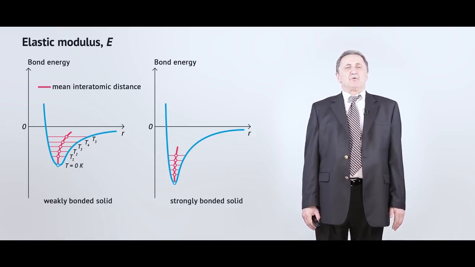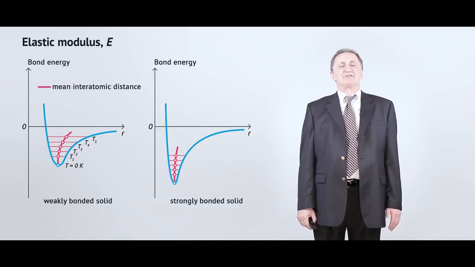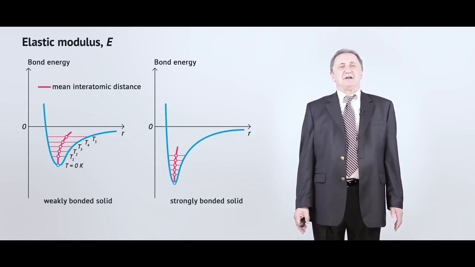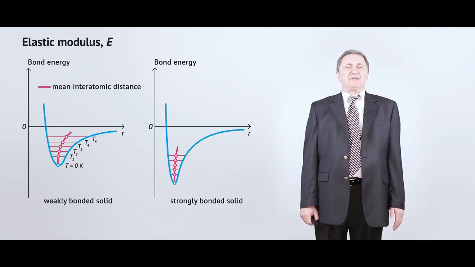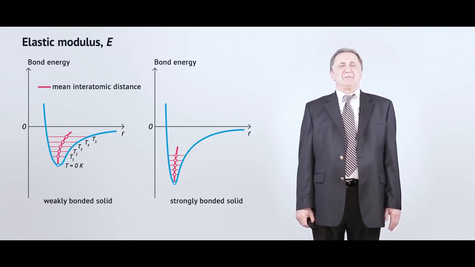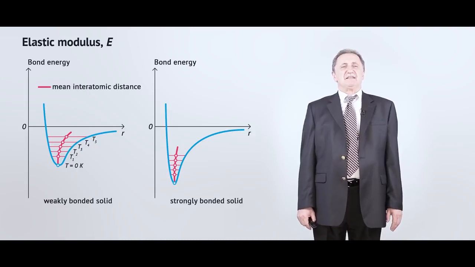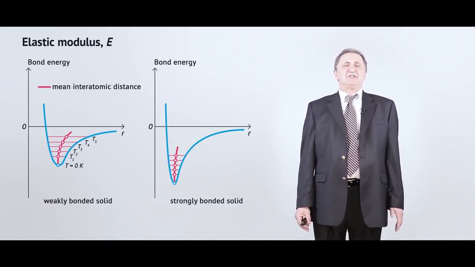So indeed, we described before the parameter R0, which corresponds to the equilibrium state for our material when temperature equals 0. Assume that temperature increases a little bit, and please look at this screen. You will see that in this case the atoms can increase or decrease the distance between them in the vicinity of R0.